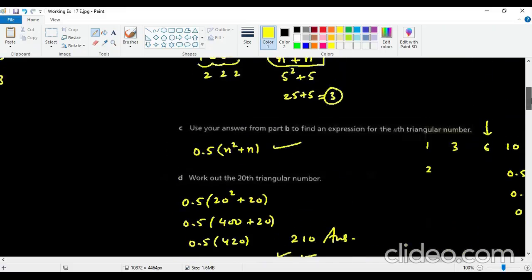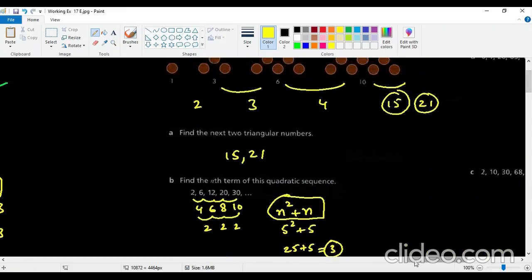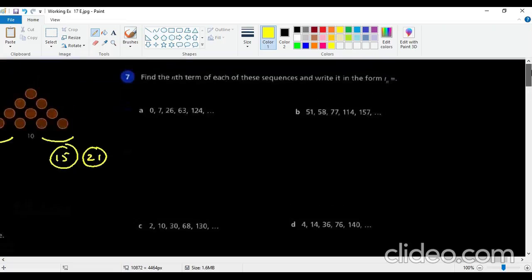Moving on to the next question, which is question number 7. Now in here, find the nth term of each of these sequences and write it in the form of term n. Now the first term is 0, then 7, then comes 19, next is 37, and the next one is 61.